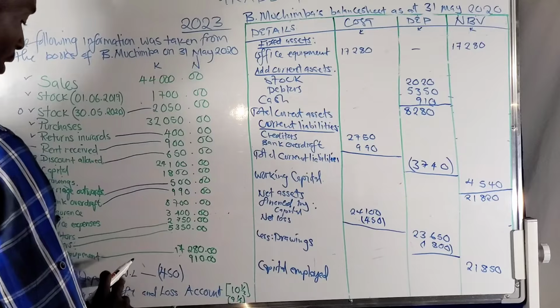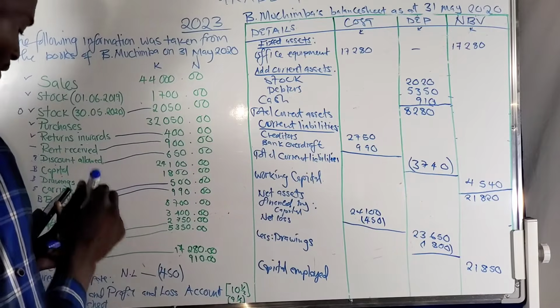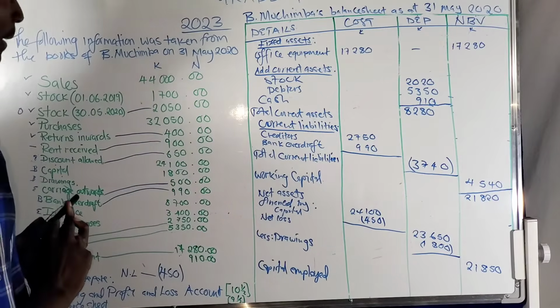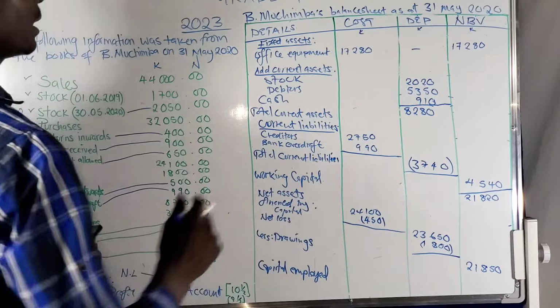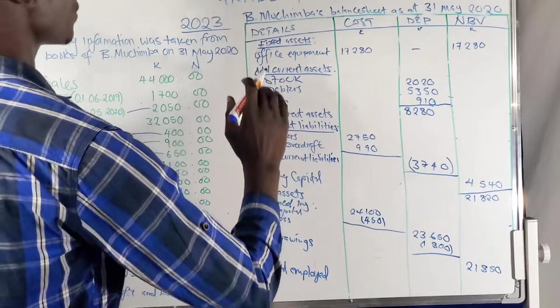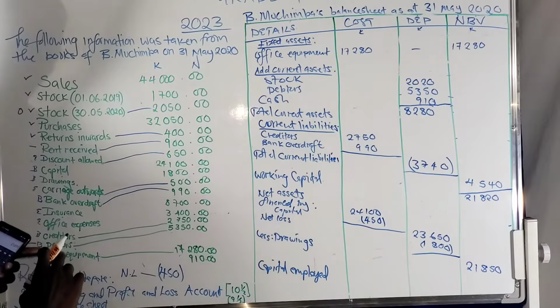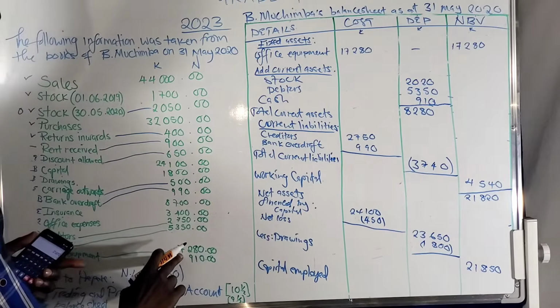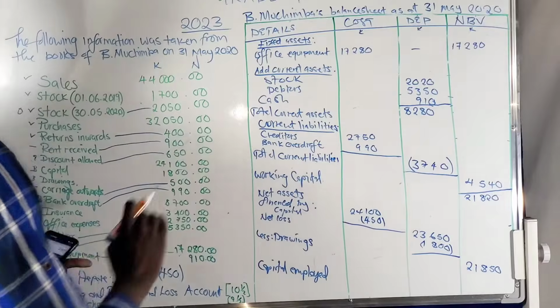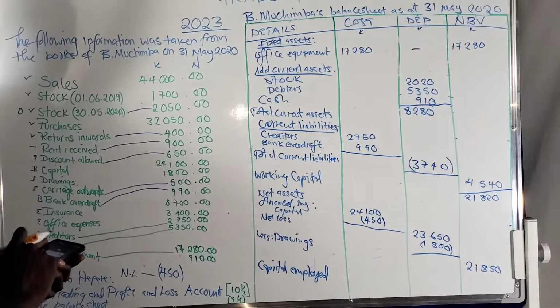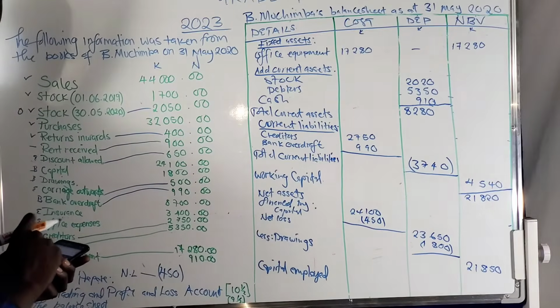Our trading profit and loss account was correctly done. Then we check the office equipment, which was 17,280, which is the same there, 17,280.